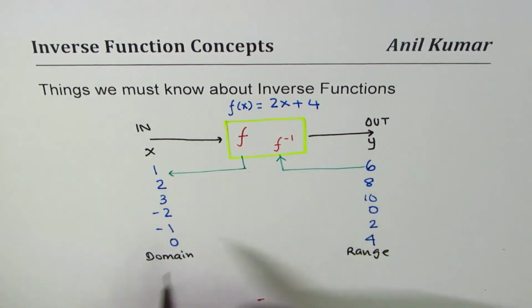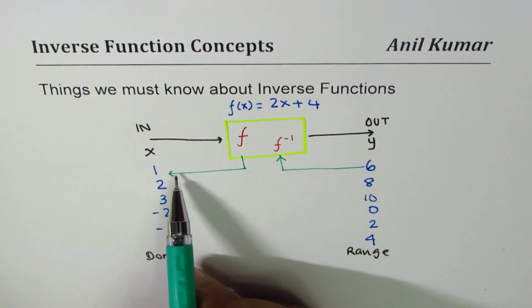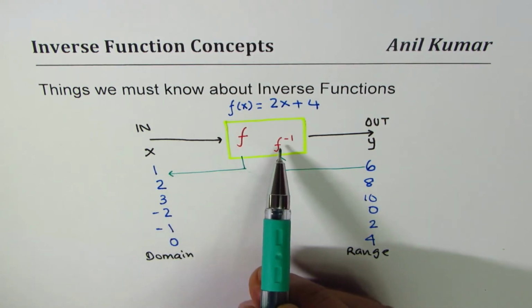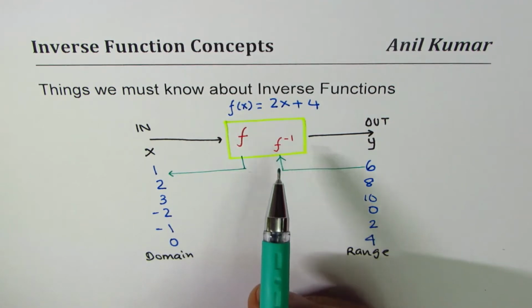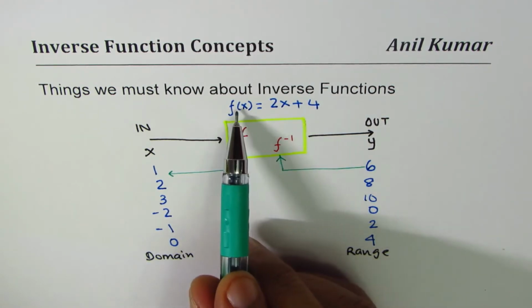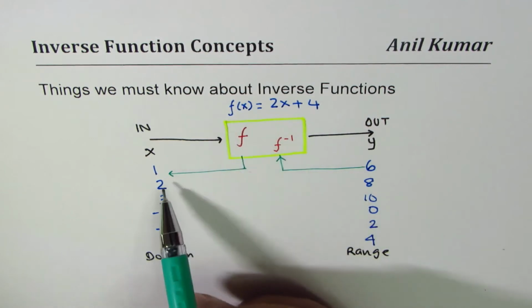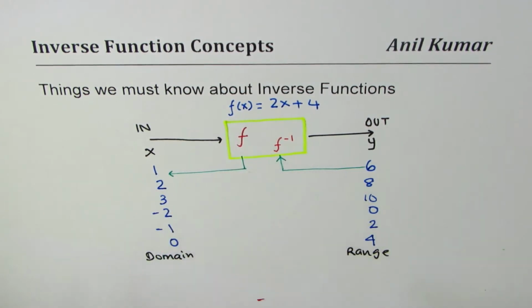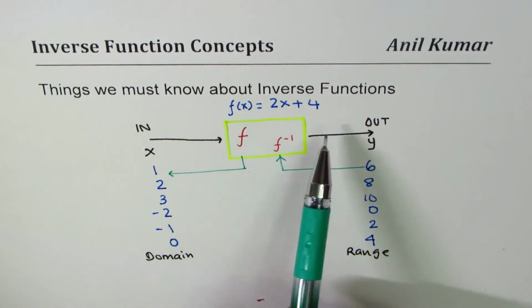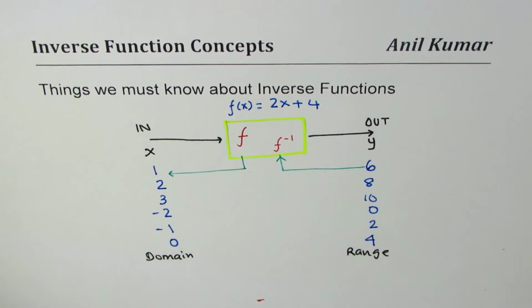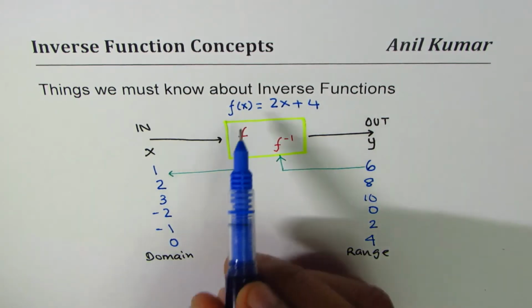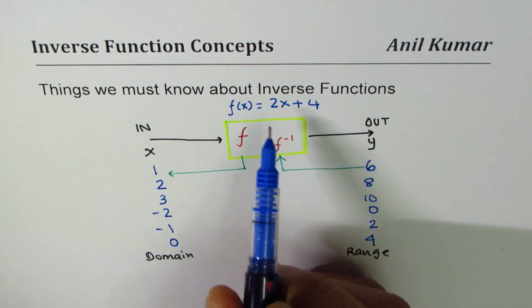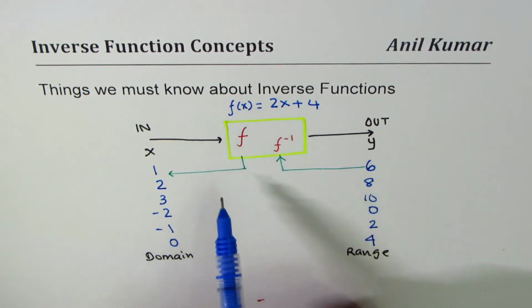Do you see that? So we get just the reverse of this. So that is the inverse function. It performs the operation so that what was done by the function reverses, and you get what you fed in. That's the whole idea.